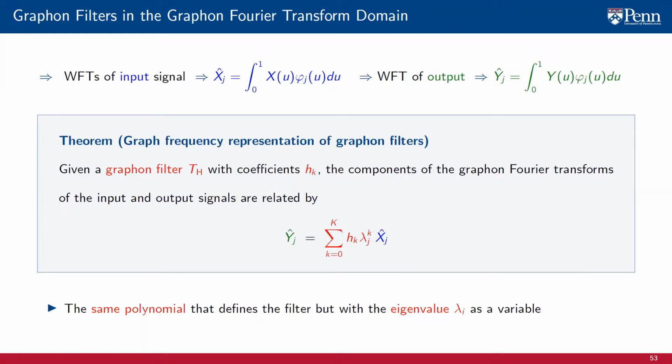That is, the jth component of the Graphon Fourier transform of the output, y hat j, is equal to the product of the jth component of the Graphon Fourier transform of the input signal, x hat j, and a polynomial on the jth eigenvalue of the Graphon shift operator, TW, modulated by the filter coefficients hk. That is, the same polynomial that defines the Graphon filter, but with the eigenvalue lambda j and not the Graphon shift operator as a variable.